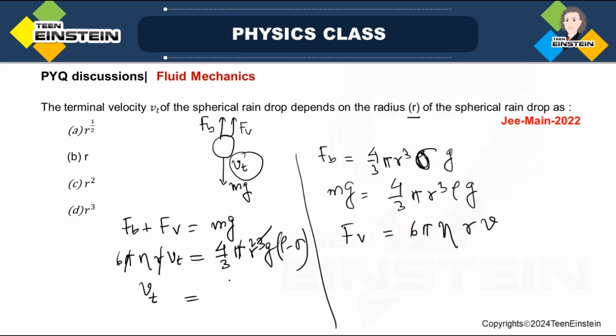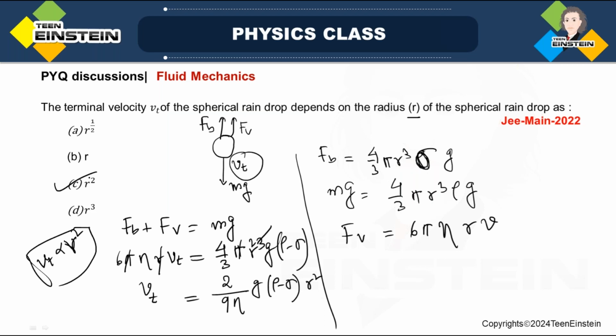So this will be 2 by 9 eta g into rho minus sigma into r square. That means Vt is varying as r square.